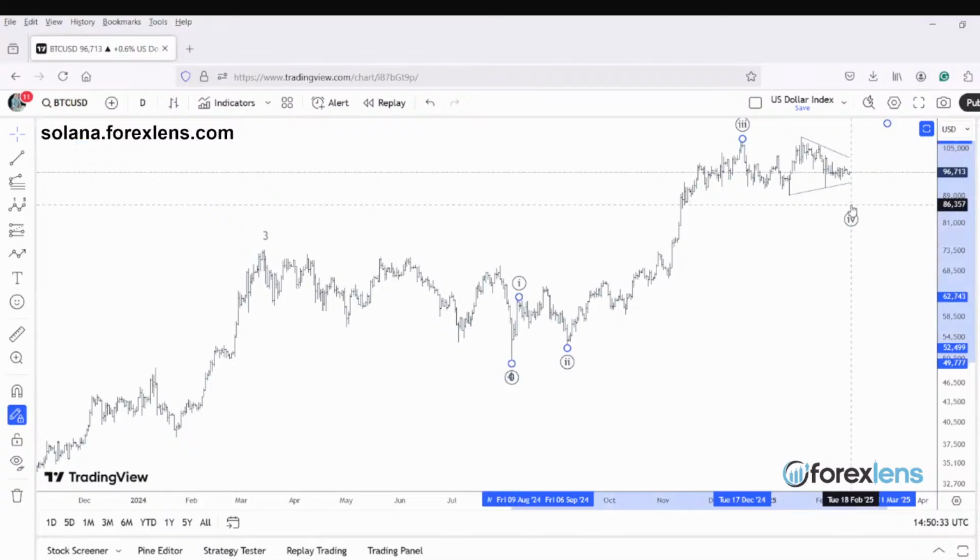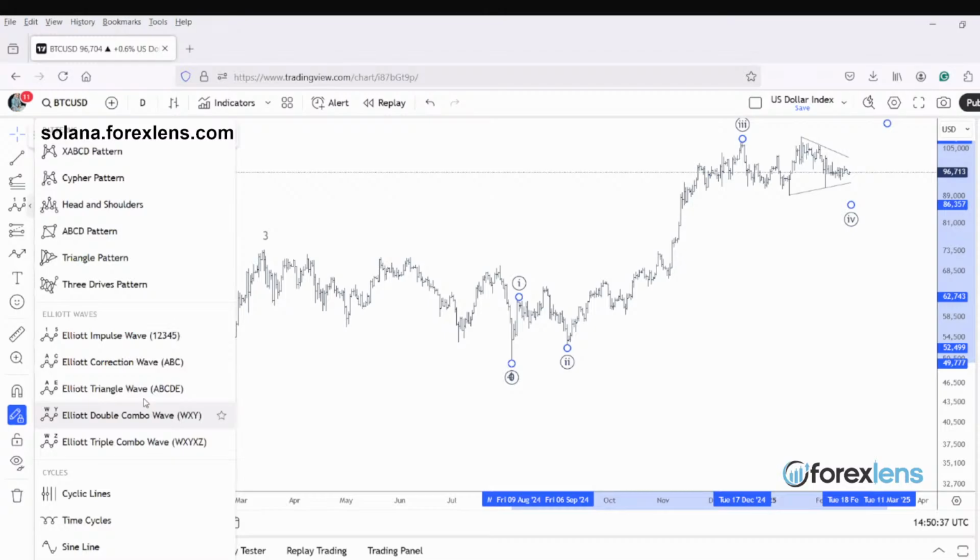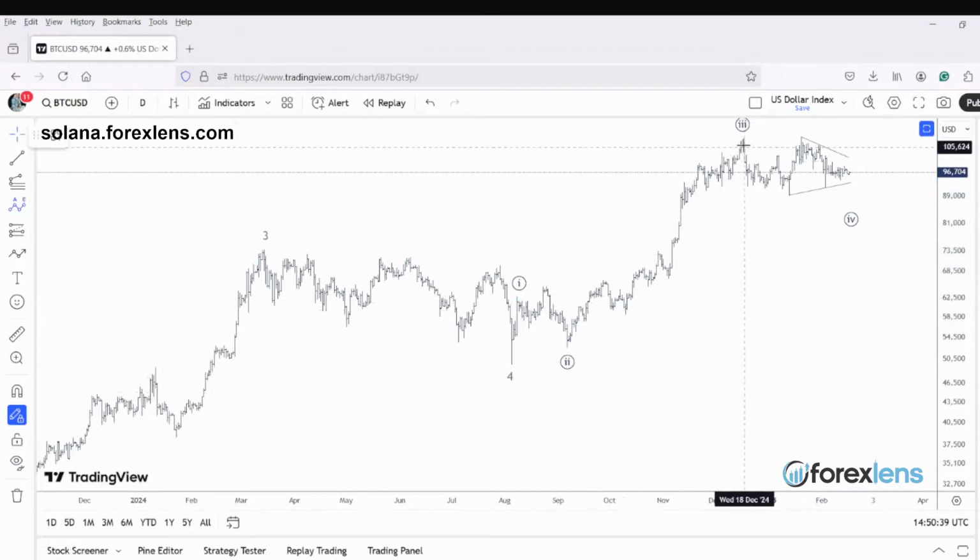If you want to label the triangle, we can do that at a minute degree. We've got A, B, C, probably we've got D and E as well.